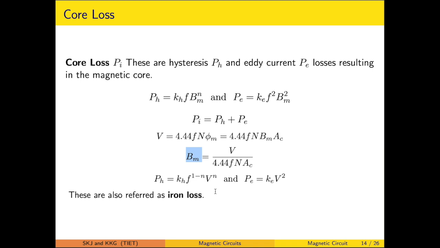When this Bm is substituted, it results in an expression like Ph is proportional to f to the power 1 minus n into V to the power n. n is the Steinmetz constant, with a typical value of 1.6. Likewise, Pe, which is the eddy current loss, when substituted, comes out to depend on the voltage squared.